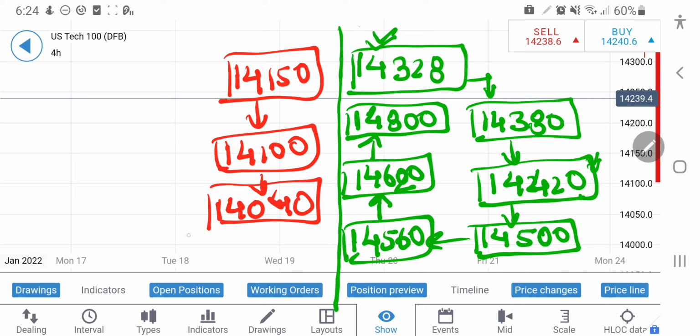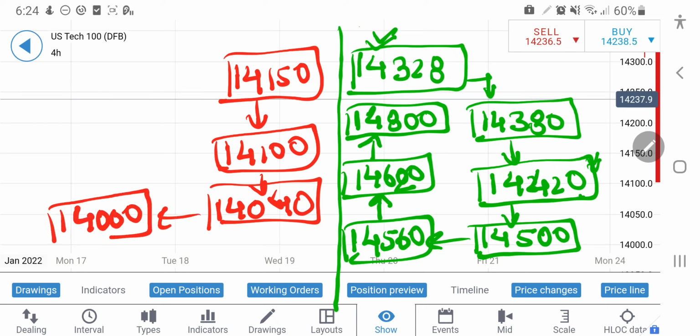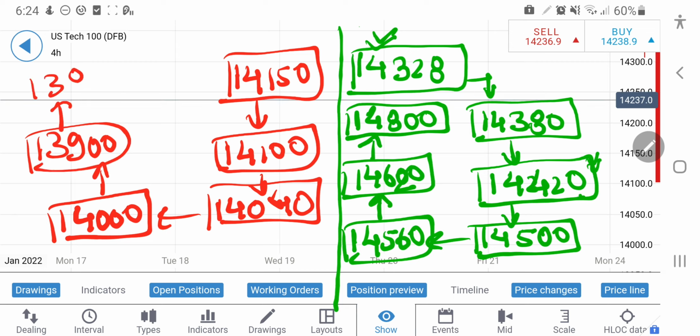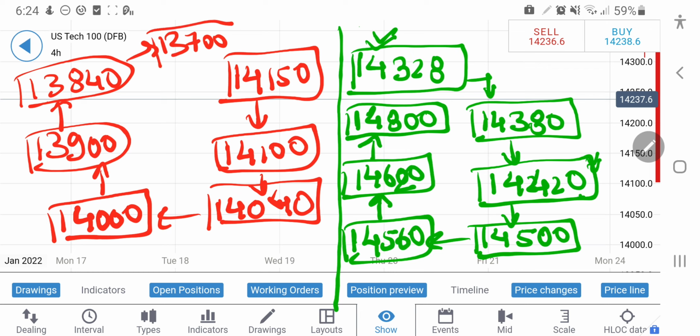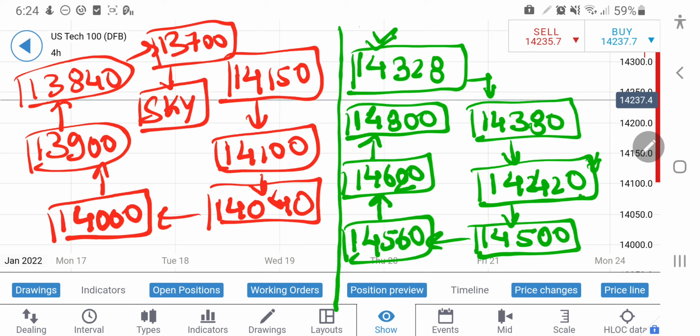If 14040 is taken, 14,000 is a very good support for the day, and once 14,000 is taken, it will definitely hit 13,900, and below that 13,840, below that 13,700. Rather it is too far, but yes, this can be achieved, 13,700. Below that, sky is the limit on the downside.